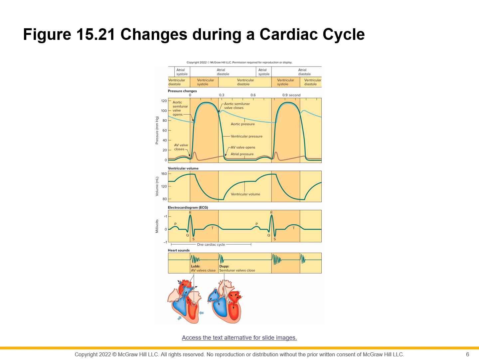So when the ventricles enter ventricular diastole, the pressure drops to 80 millimeters of mercury, and during ventricular systole, the pressure increases and reaches up to 120 millimeters of mercury.